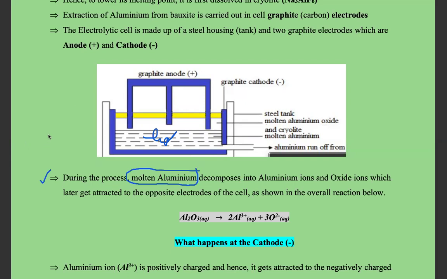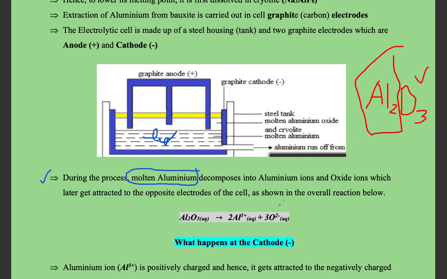Which ions are these? We can clearly see that our bauxite is aluminium, 2 atoms, and oxygen, 3 atoms. This is our compound. So this compound, during ionization, when it is dissociating, when it is decomposing, it is separating into aluminium ions as well as oxygen ions.